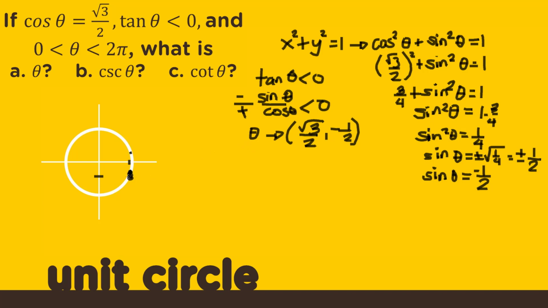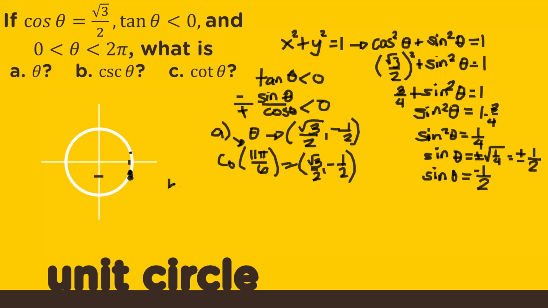If you observe this carefully, our theta is actually equal to 11 pi over 6, because this is a multiple of pi over 6. Before 2 pi, we have 11 pi over 6. So the coordinate of 11 pi over 6 is square root of 3 over 2 and negative 1/2. And with that in mind, this is now our A, by the way. Our A is 11 pi over 6.